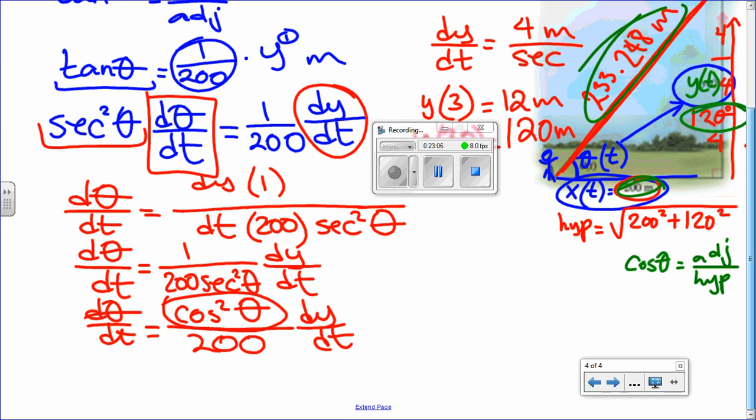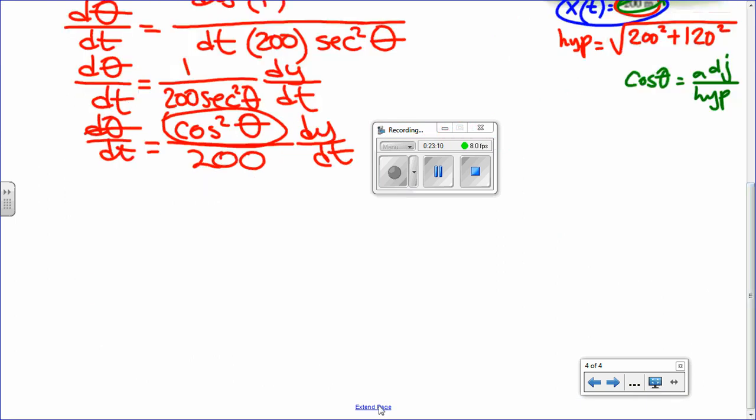So this should be just a matter of substituting. So we're going to end up substituting here. For d theta dt, it is going to be the cosine squared. So we have the adjacent side being 200, and then the hypotenuse, that was the 248.